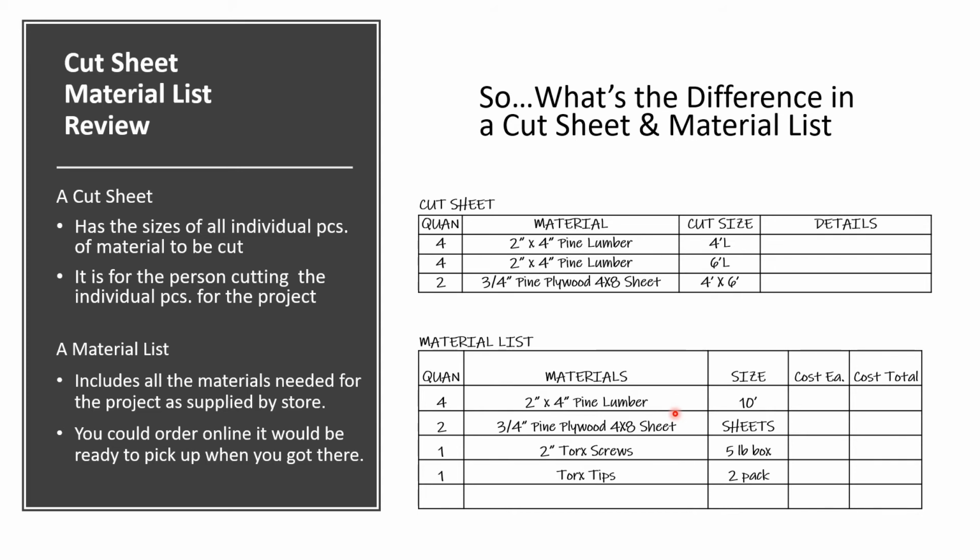You could take this material list and give it to a store employee, or you could go online, pick it out, and they'll have it ready for you when you get there.